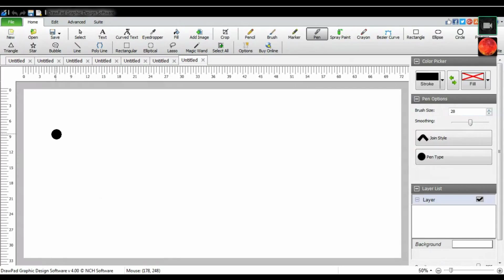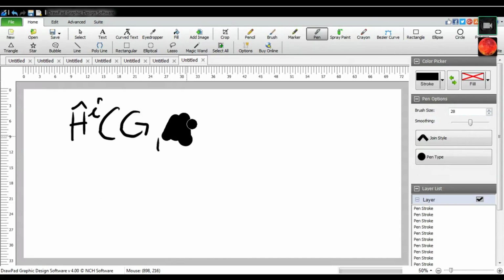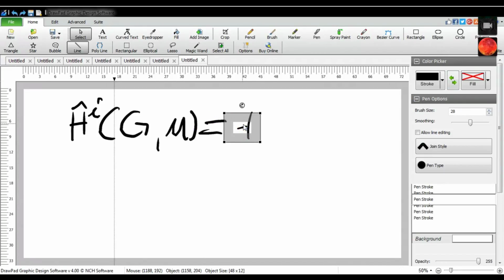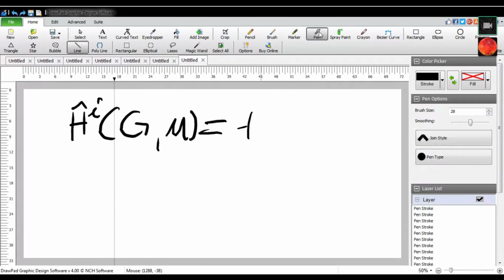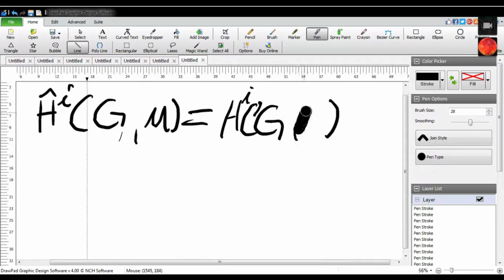So if we take the Tate cohomology of G into module M, this is just the same as the cohomology of G into module M, under some condition, if i is positive.